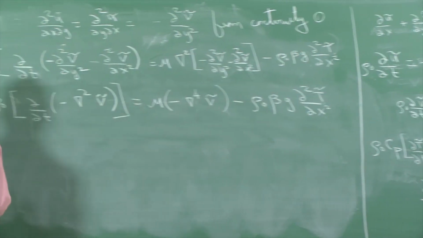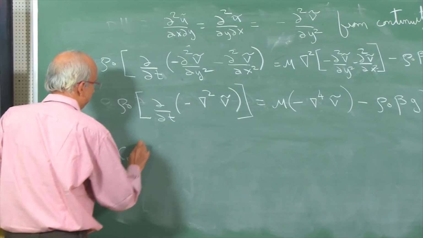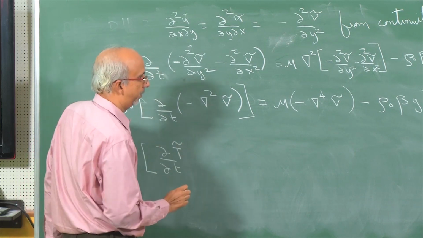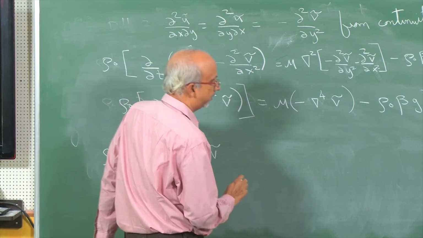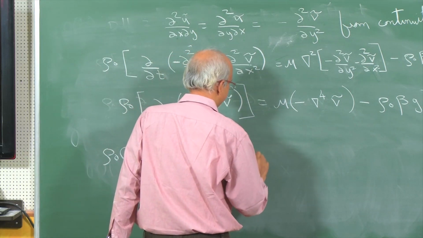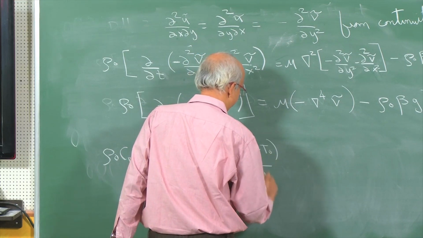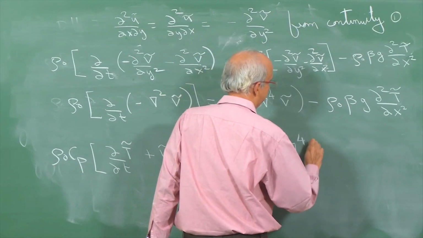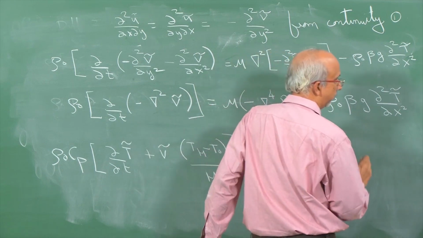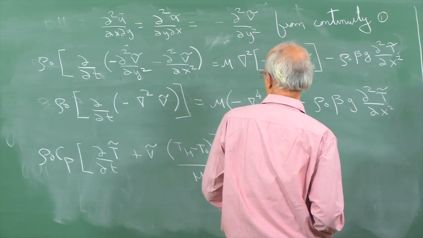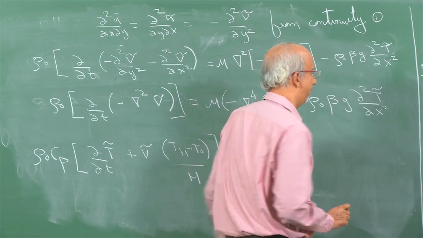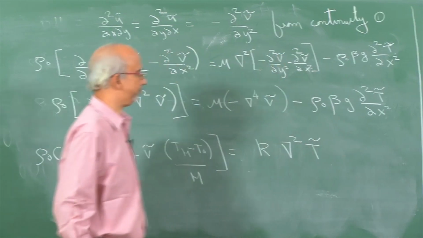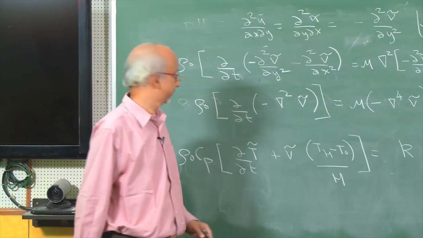And so, what I am left with is rho naught Cp times d by dt of t tilde plus V tilde times (T h minus T 0) divided by h equals, sorry, I just got carried away, del square T tilde, okay, I just jumped equations, okay.